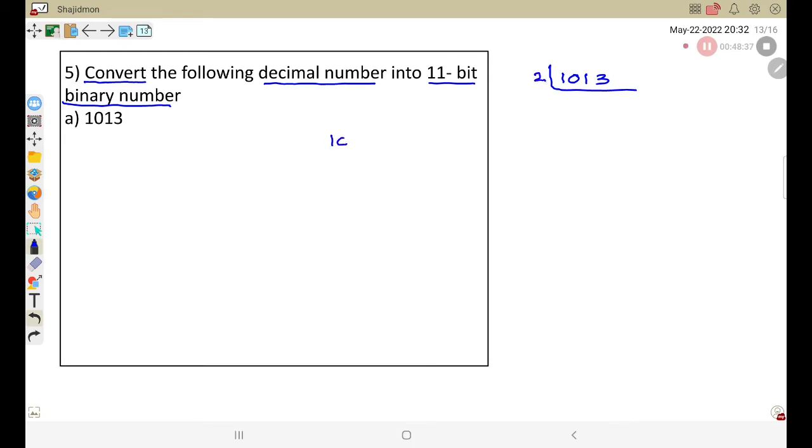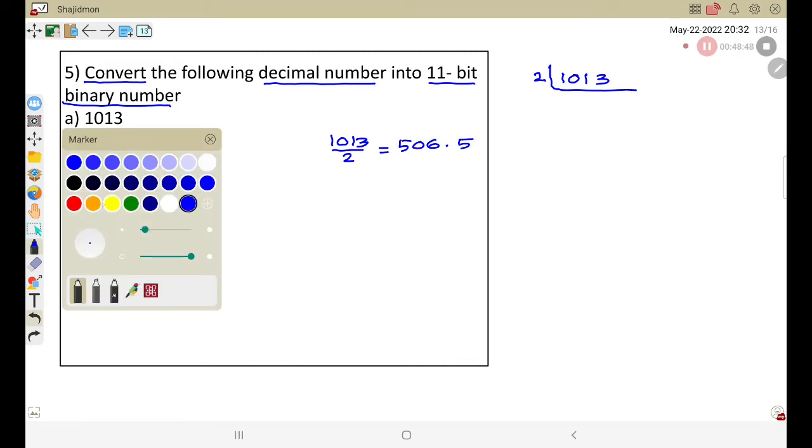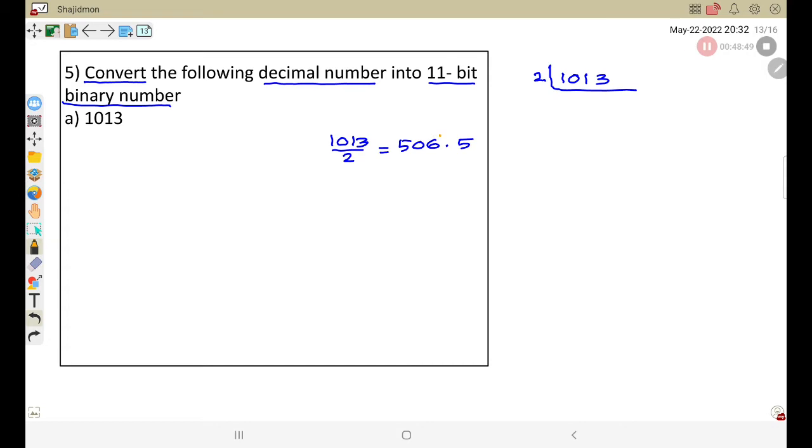So, we can write here also 1013 divided by 2, you will get 506.5. So, what we need to write? Correctly, 506 times, we write here 506.